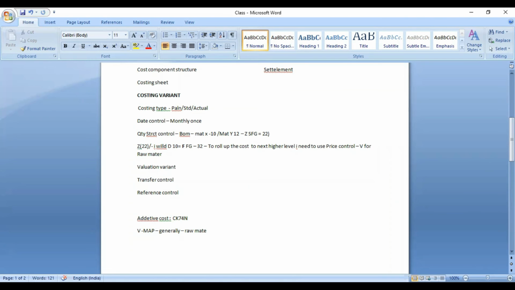Okay. Yeah. So once we do the setup for these price controls and procurement types, many scenarios will be there, because for example some intercompany transactions will also be there.